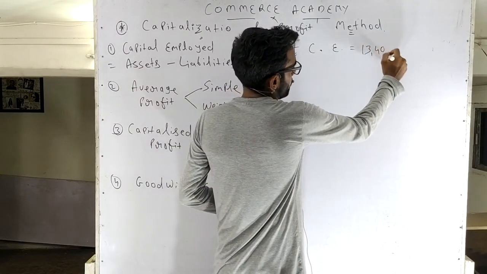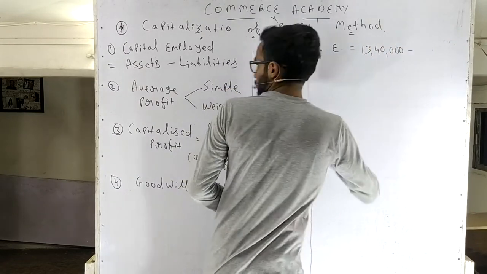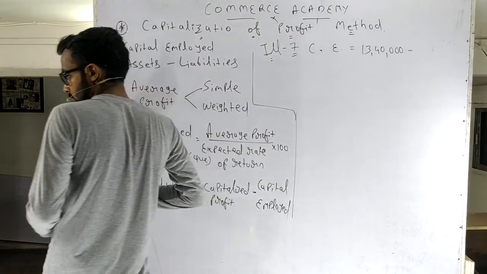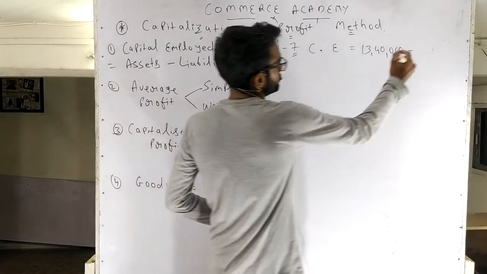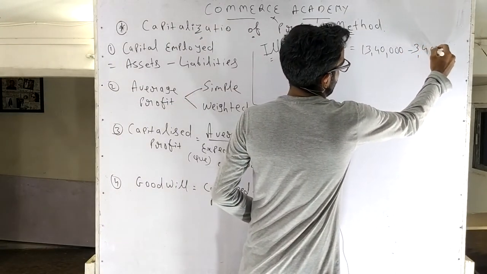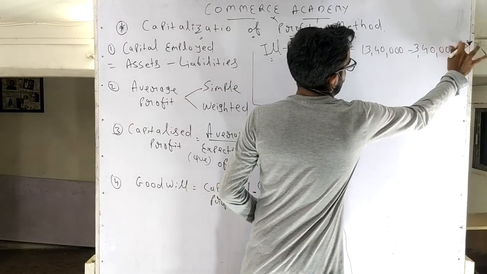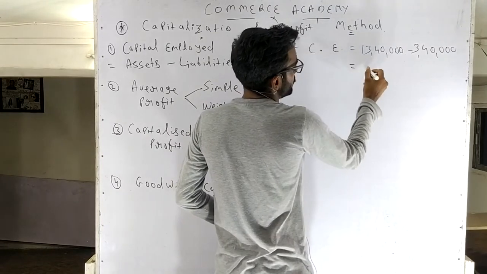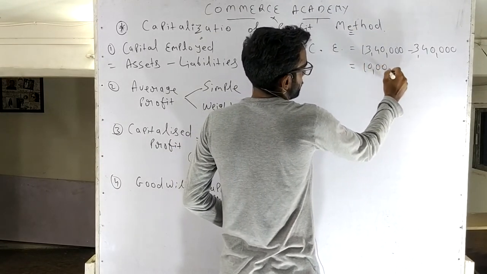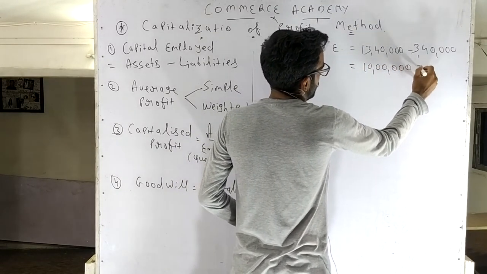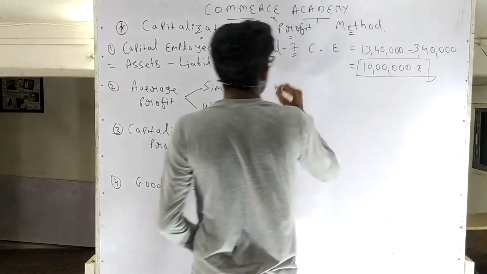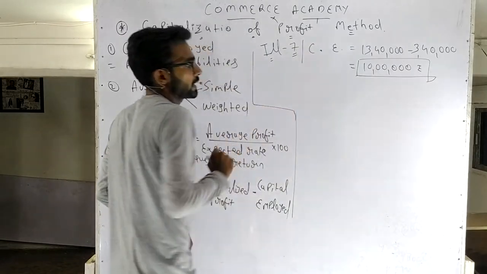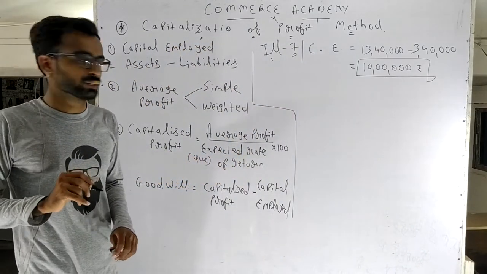Assets 13,40,000 minus liabilities 340. So the capital employed is 10 lakh rupees.